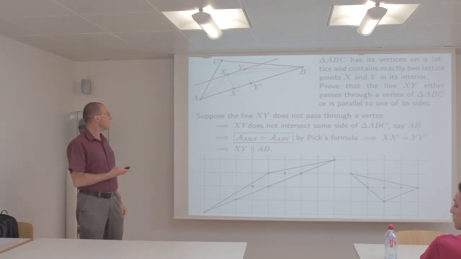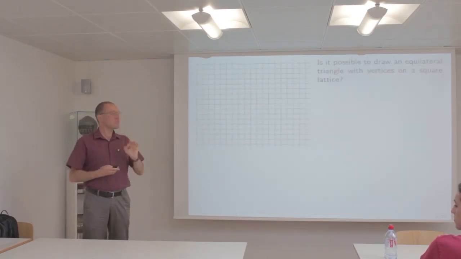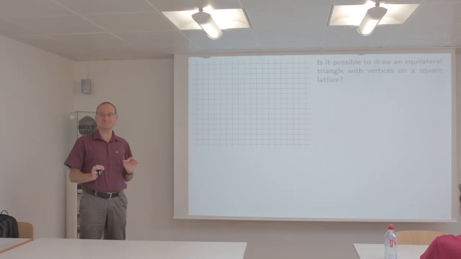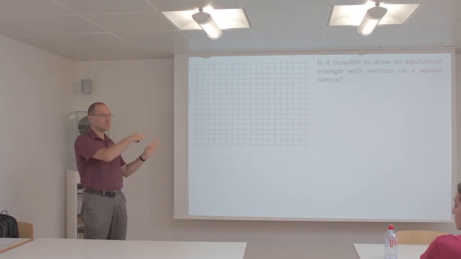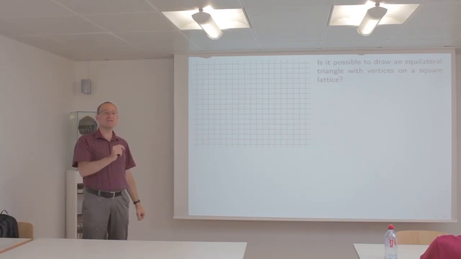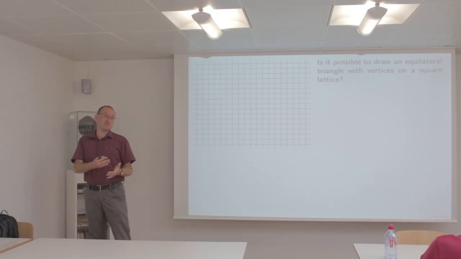Okay, now, is it possible to draw an equilateral triangle with vertices on a square lattice? I give you a square lattice. Can you draw an equilateral triangle with vertices on that lattice? If you prefer, I can restate the question.